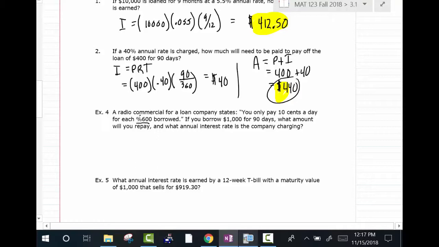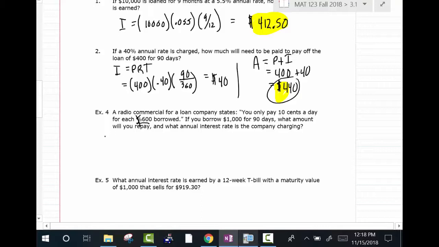If you borrow 1,000 for 90 days, what amount will you repay, and what annual interest rate is the company charging? So you've got to think a little bit more about this problem, but ultimately what it's saying is you're paying 10 cents a day for each $600 borrowed, all right?